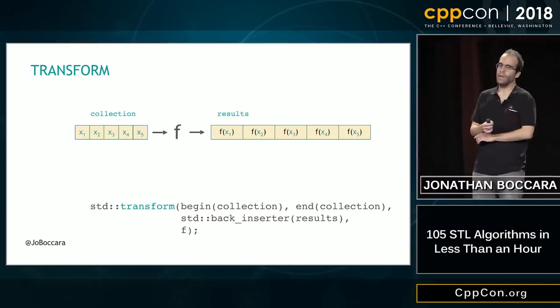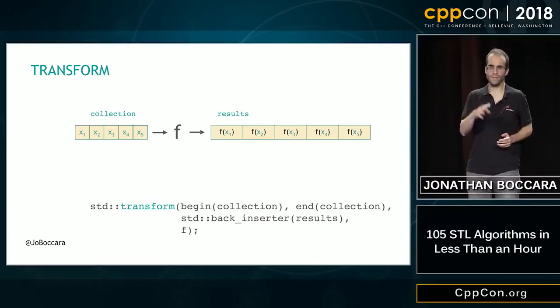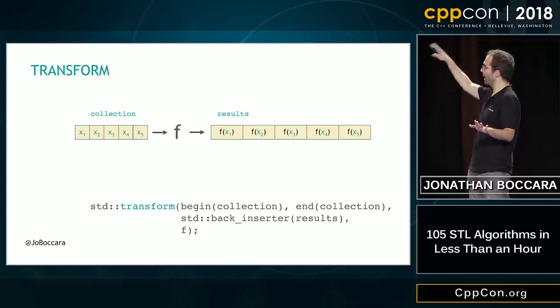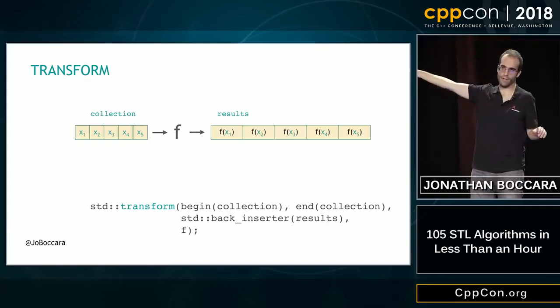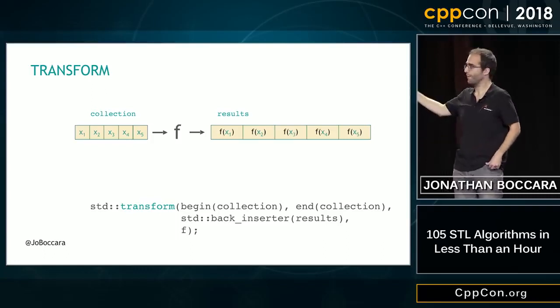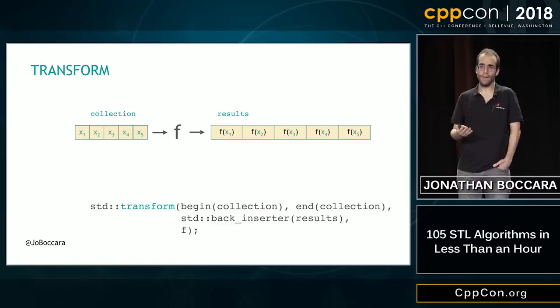So transform essentially applies a function to the elements of a collection. So it takes a collection, a function, f, and an output iterator, such as this back inserter here. And it produces the application of that function to every element in the collection.